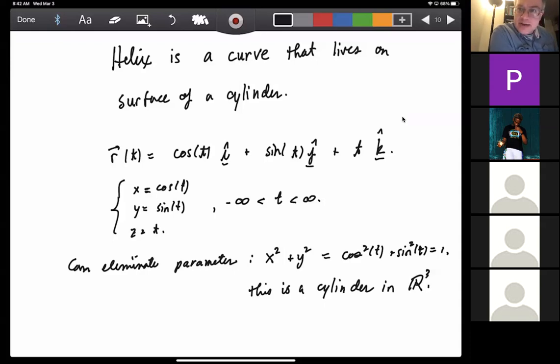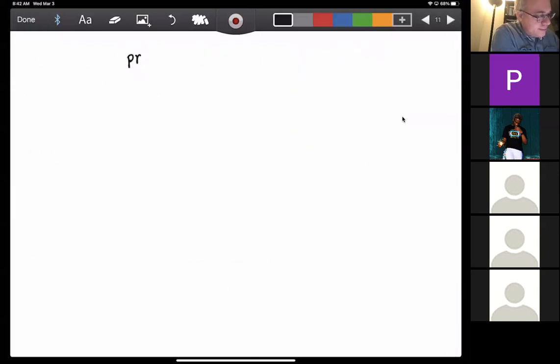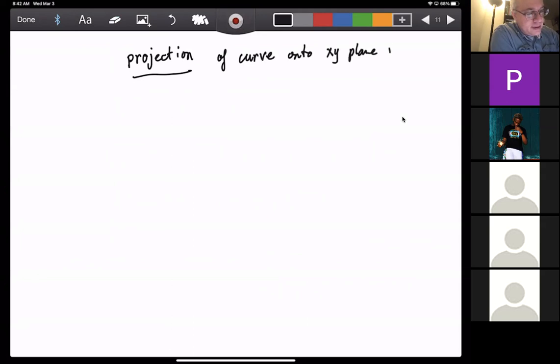So does everyone have what they need off of this page? We good to go? Okay. The projection of the curve onto the xy plane is x squared plus y squared is equal to 1.